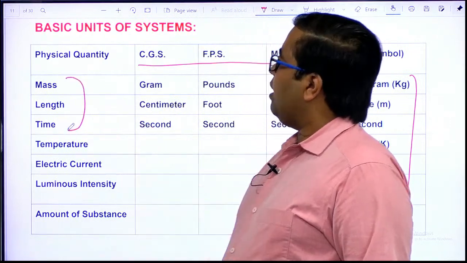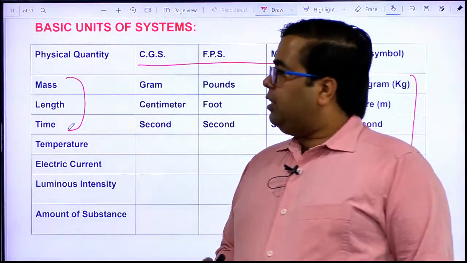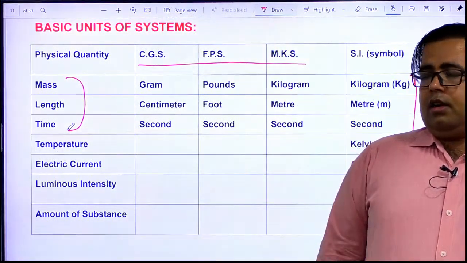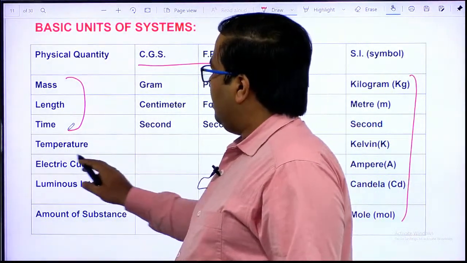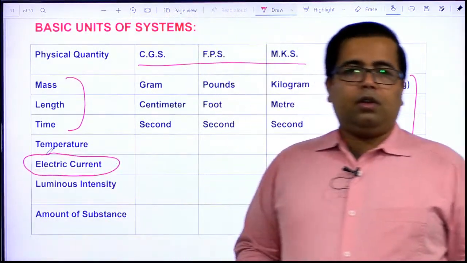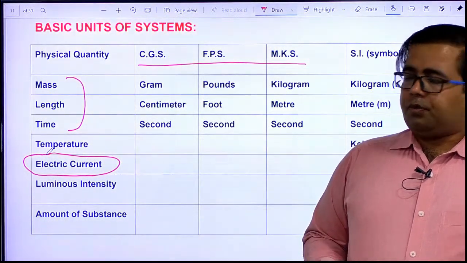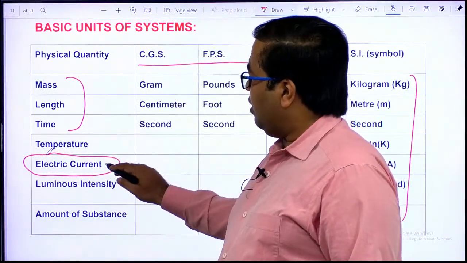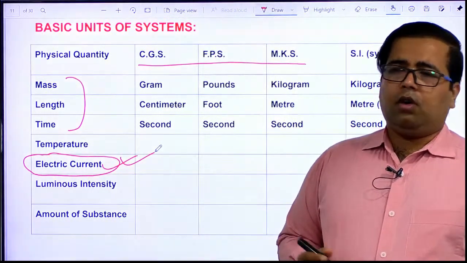So why is it like that? We need to understand this. Initially these were old systems of units. You can understand it this way: before the discovery of electricity, or charge, or the interaction of charge, we didn't have any information about charge or electric current.